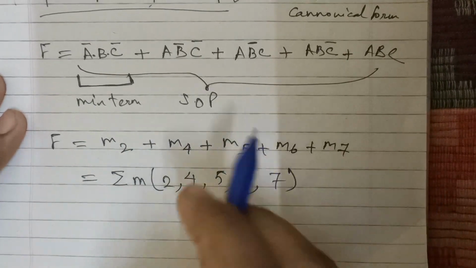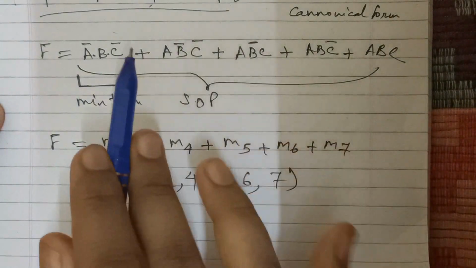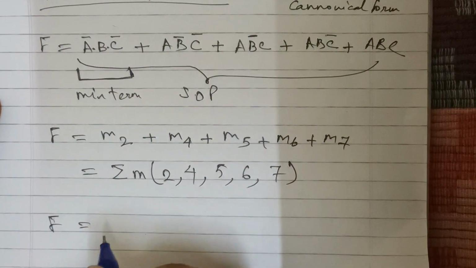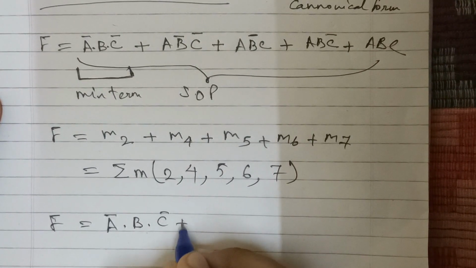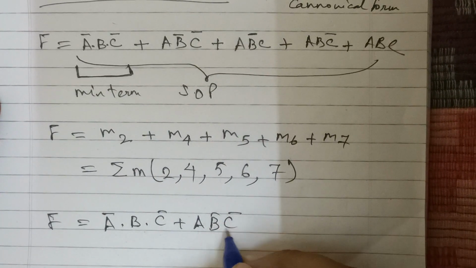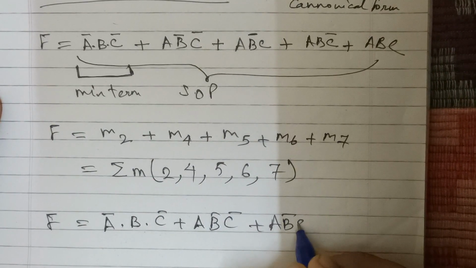Now, since we have this big function, we need to minimize it. So let us again write F equals to. Why do we need to minimize it? To use a lesser number of gates.